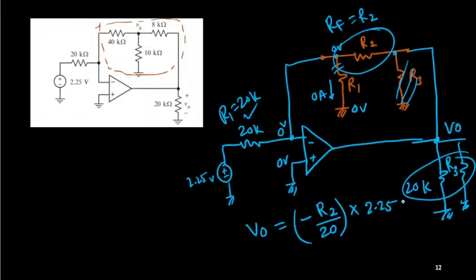Any doubt? So first find out R1, R2, R3. So just now we need R2 only.